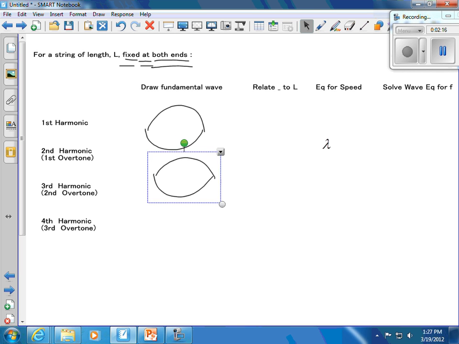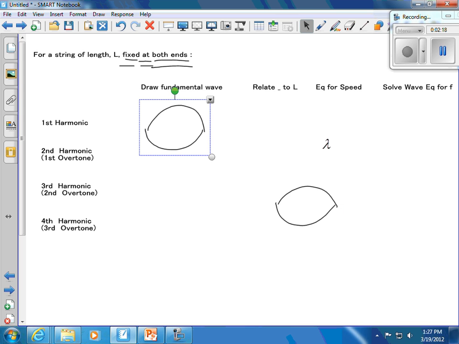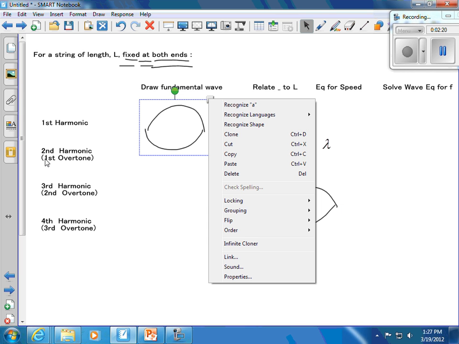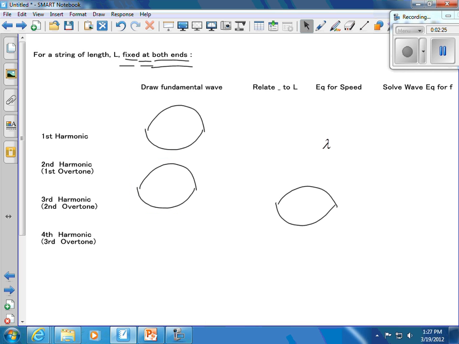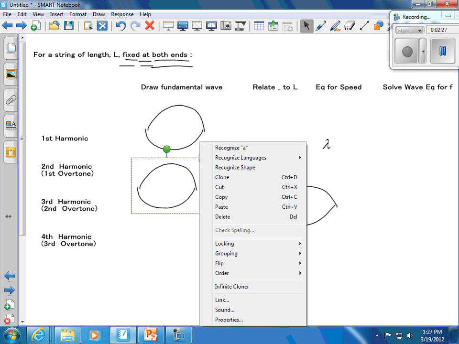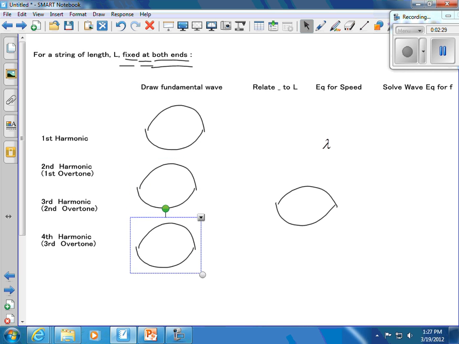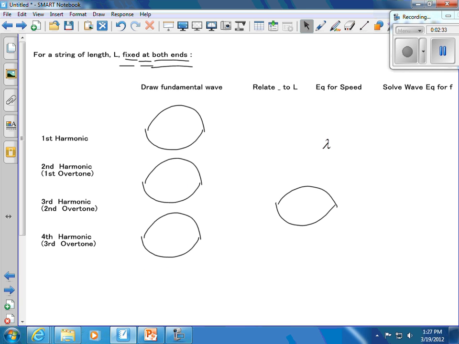Keep in mind that the black football here is what we refer to as the fundamental wave. But if I'm going to draw the other harmonics that exist, I'll just stop at 3, I won't do the 4th. All 3 of these patterns refer to the pattern of the first harmonic, 1 football in the string.